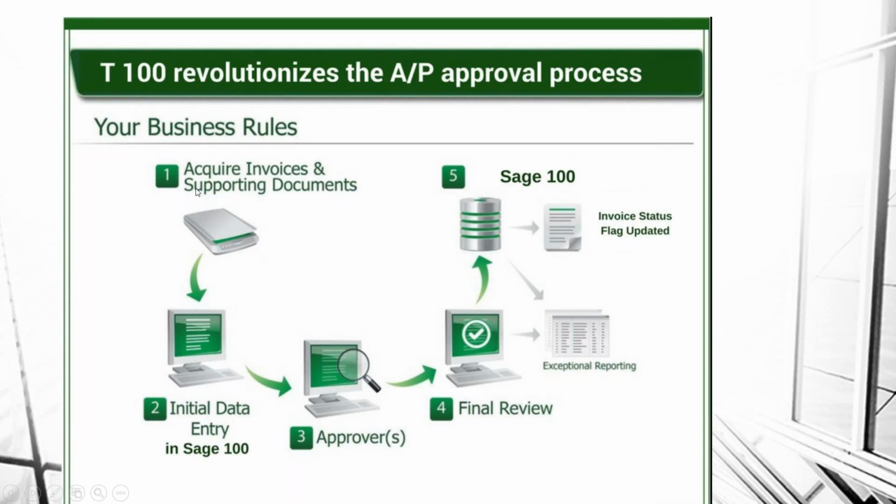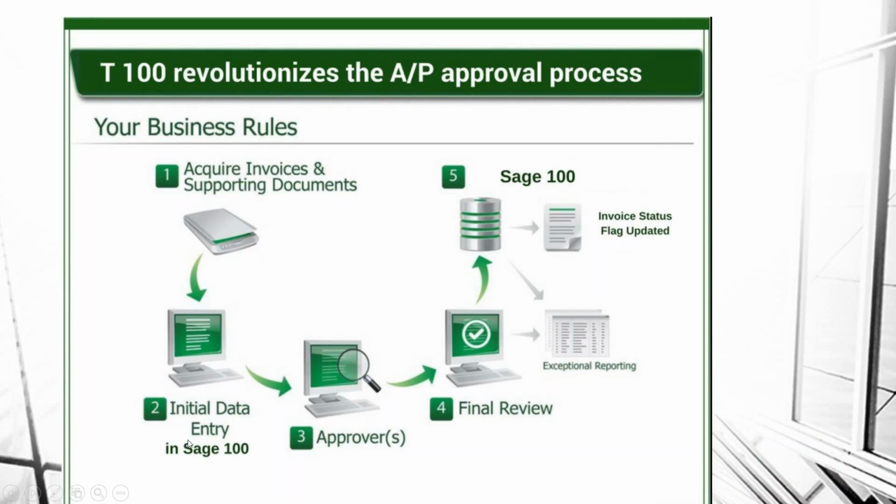So if you're putting it onto a scanning device, or maybe it was emailed, you can take that document and acquire it into the T100 application. Now it becomes a digital image, and all of the processing that takes place after that will happen within T100 and Sage 100. So it gets acquired, and then the invoice is actually entered in Sage 100.